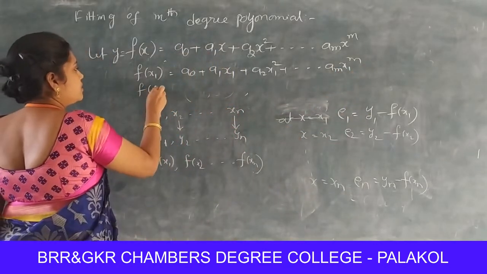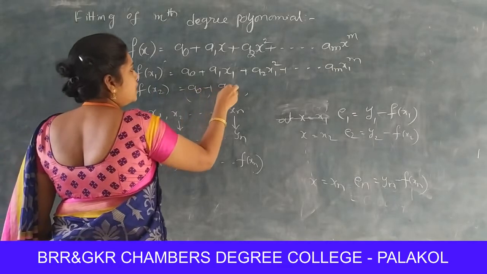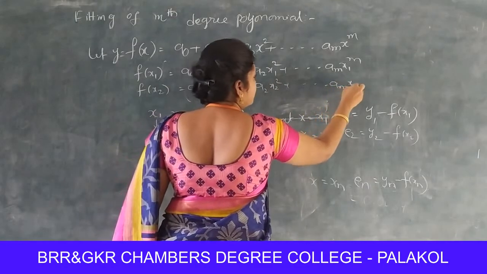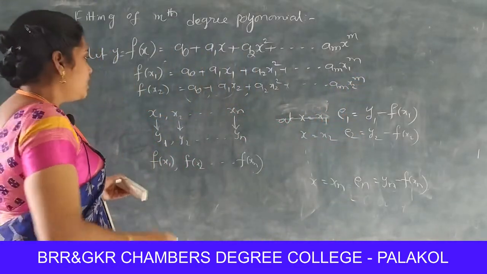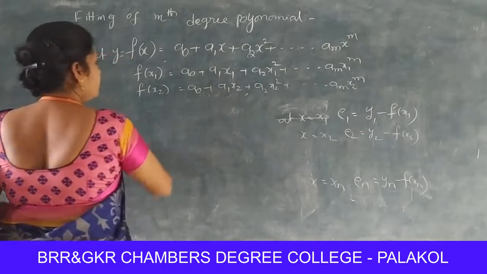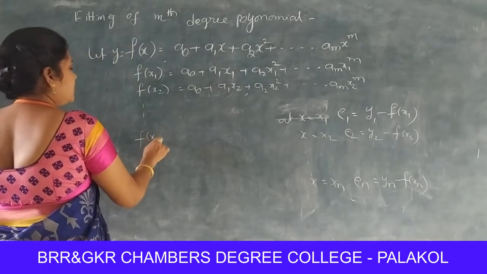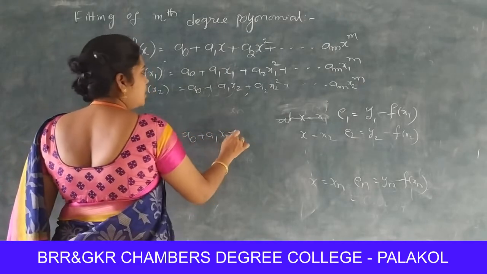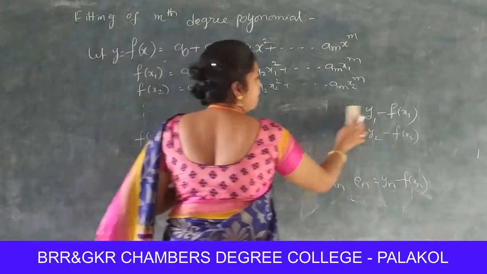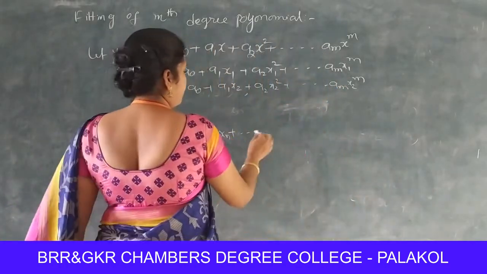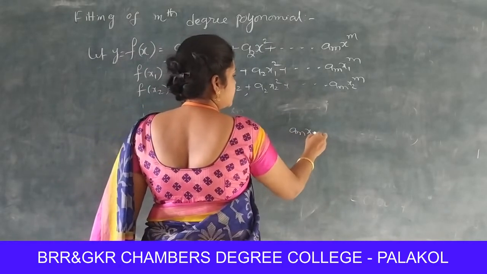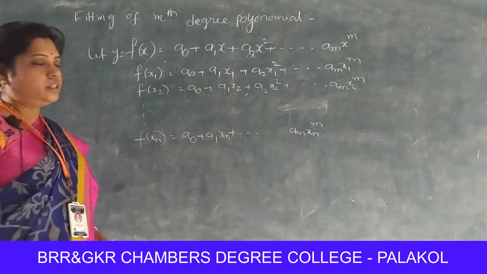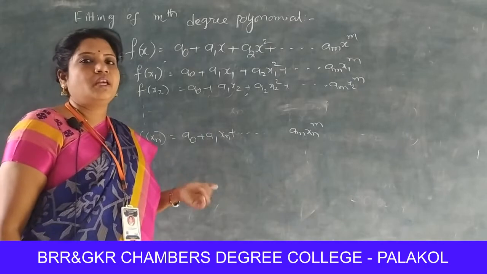And f of x2 is a0 plus a1 x2 plus a2 x2 square and so on am x2 power m. Similarly, f of xn is a0 plus a1 xn and so on am xn power m.